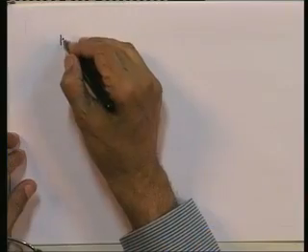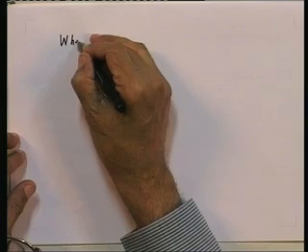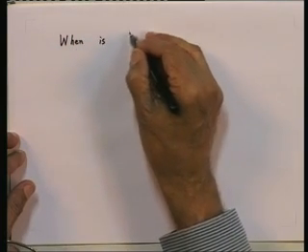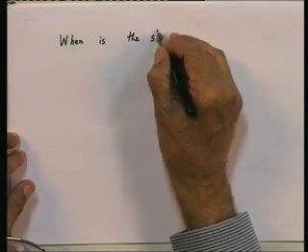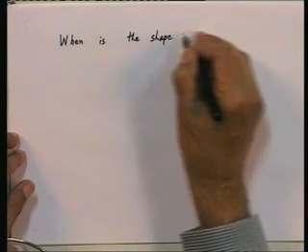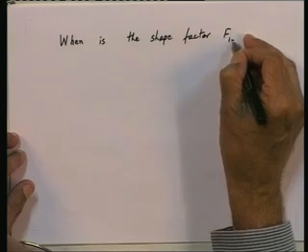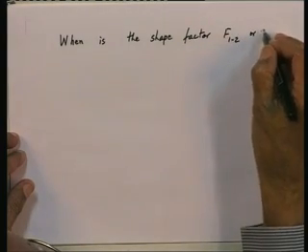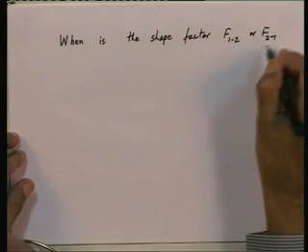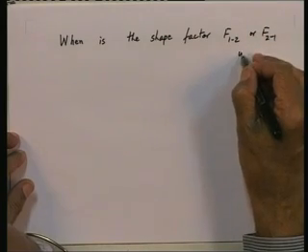Now, when does this happen? When is the shape factor f 1 to 2 or f 2 to 1 equal to unity?